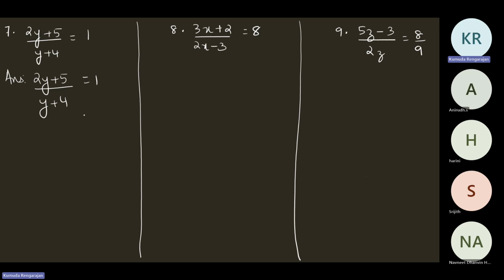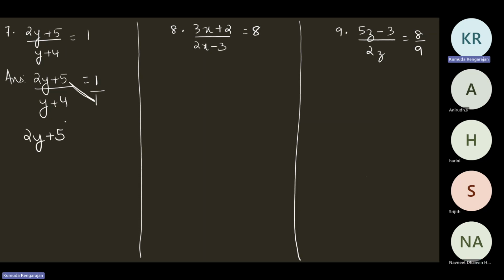So how do we proceed with the seventh one? Ma'am, 1 by 1. So it's like 1 by 1, right? Yes, ma'am. So 2y plus 5 into 1 is going to be the same thing.